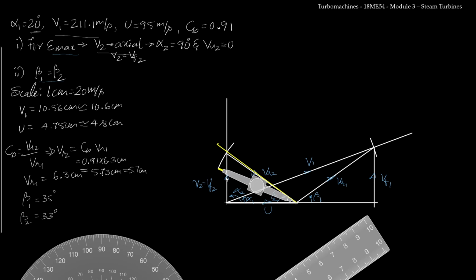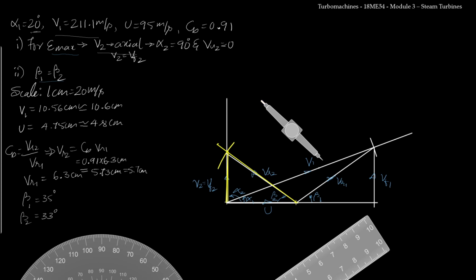The length remains same. So I will cut an arc. Now with the help of a straight line, here I will draw a vertical line. So there is a very slight change in the lengths of V2 and VR2. It approximately remains same. Now let us measure the lengths.